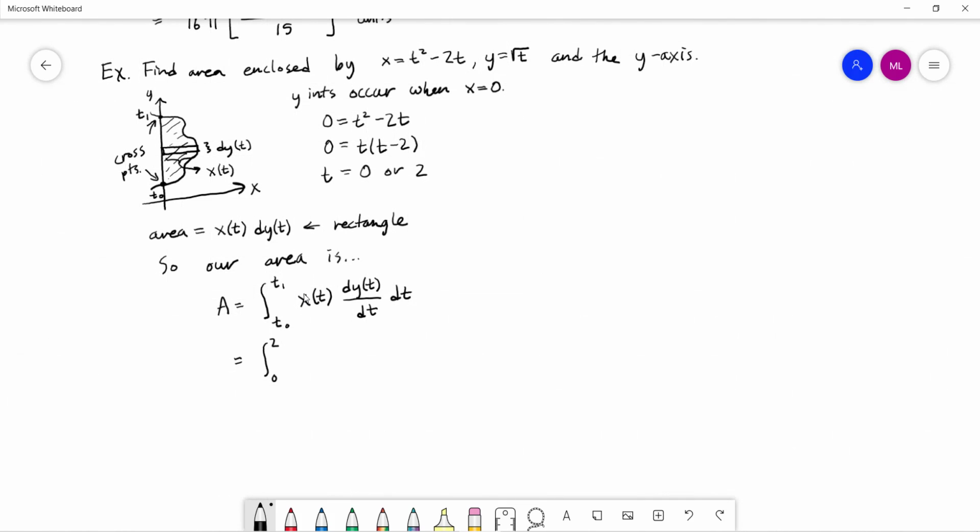So x of t is t squared minus 2t, and I'm going to multiply that by dy dt. Here's y of t. So what is dy dt? It's going to be 1/2 t to the negative 1/2, dt.